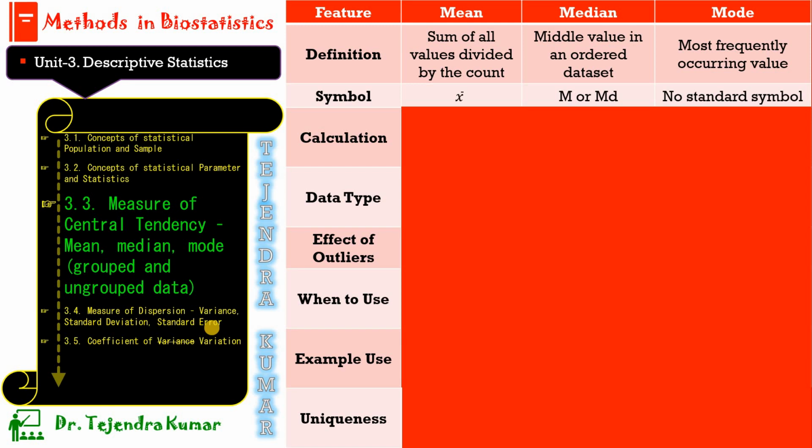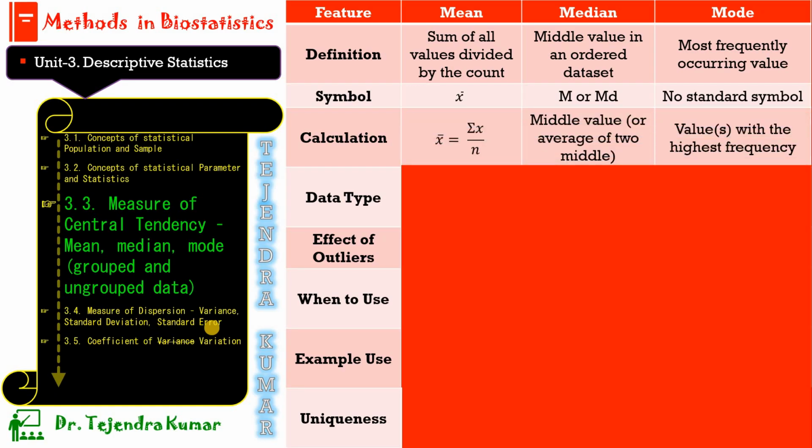For median, M or MD is usually written, and there is no standard symbol for mode. Calculation. X bar is equal to summation of X divided by N. In case of median, the middle value or the average of the two middle values. And in case of mode, the values with the highest frequency are considered the mode.